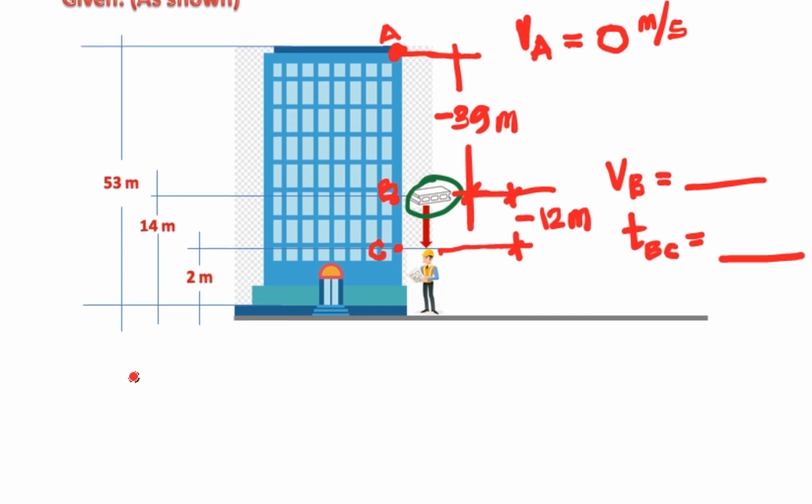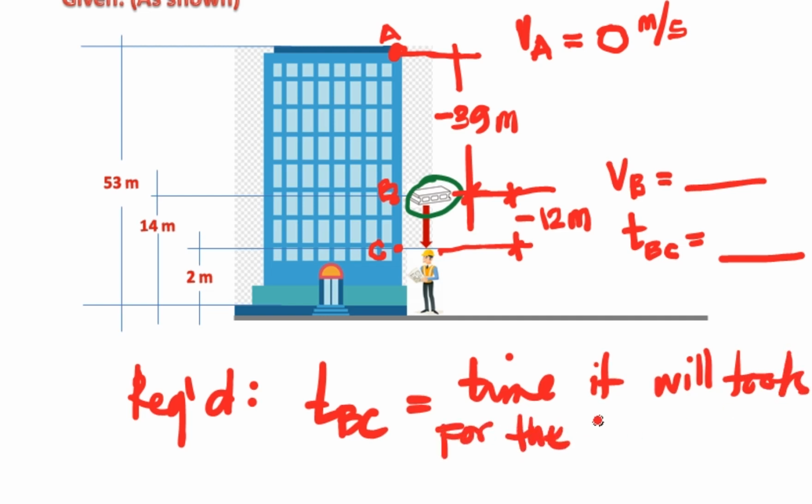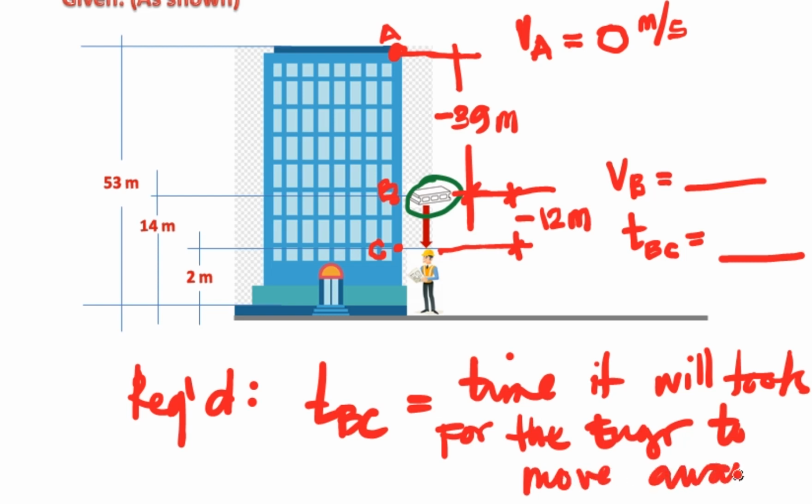So the required time is, let's say, TBC, or the time it will take for the engineer to move away. And that is the distance from point B to point C, because the engineer only notices the block at point B.